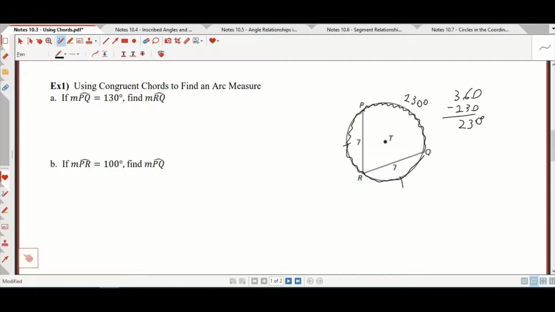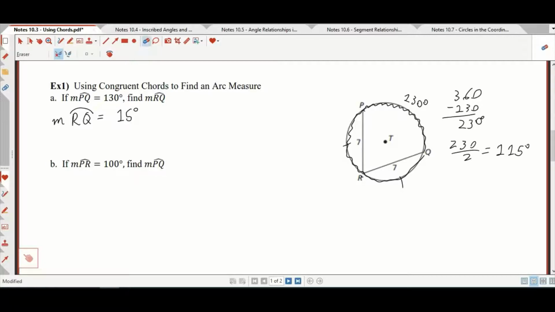So PRQ is 230 degrees, but I just wanted RQ. But since I know they're the same, I can just divide it in two. 230 divided by 2 is 115 degrees. So the measure of arc RQ is equal to 115 degrees.